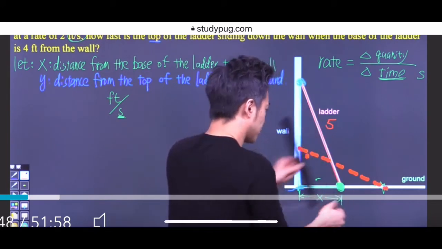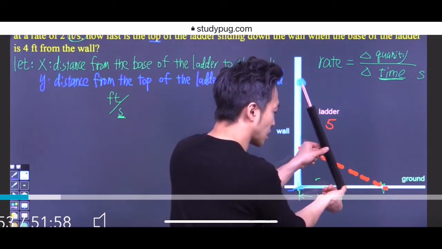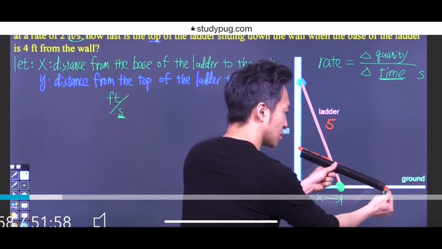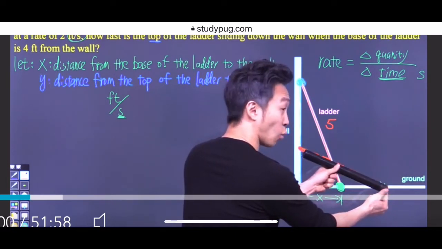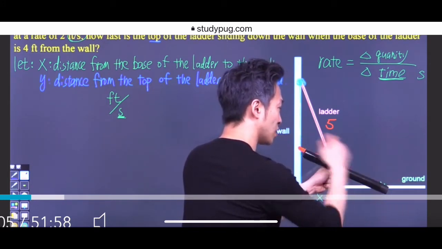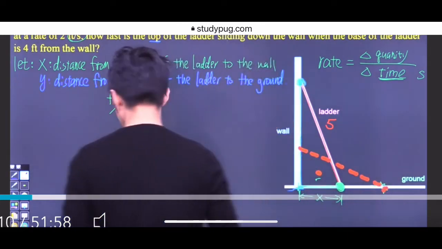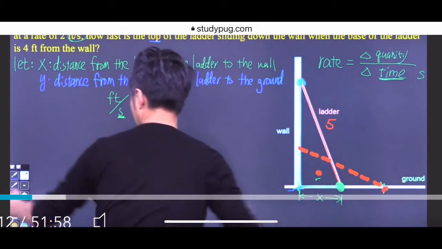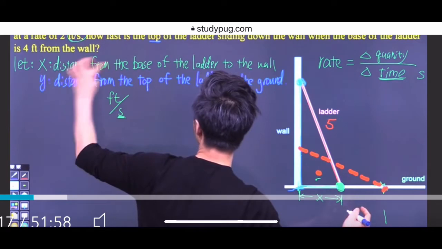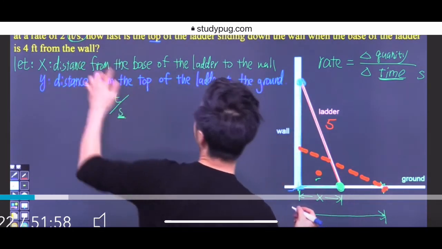So let's say as the base slides away from the wall, the base gets to this point. Now what's our new x for this position? X is still defined as the distance from the base, from here to the wall.